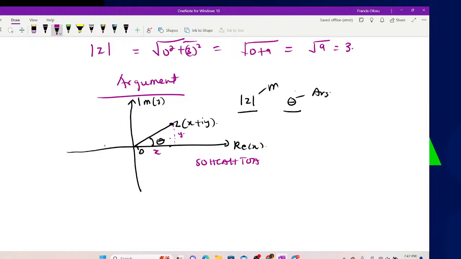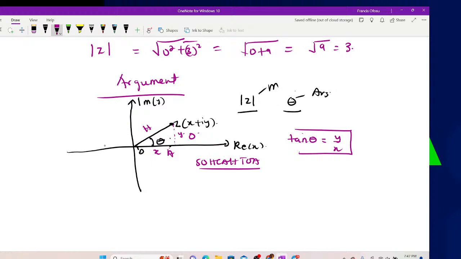right? So from SOHCAHTOA, if you have this hypotenuse, this is the opposite and this is the adjacent. If you want to find this angle theta, you know that tan theta is simply equal to y on x, right?